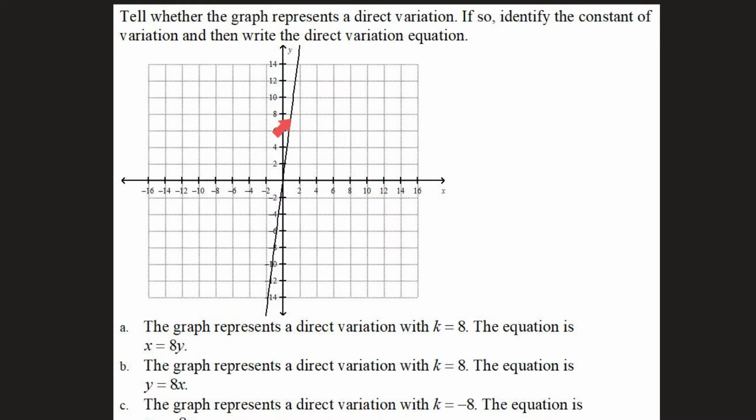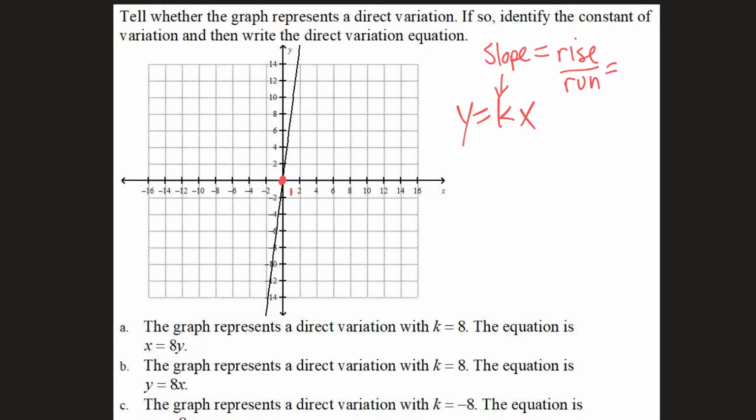And so this is a direct variation, and we're going to be looking at y equals kx, where k is the constant of proportionality, and also k is the slope, and the slope is the rise over the run, as you probably know. So we can take from here, and then we're just going to rise until we get to 1.